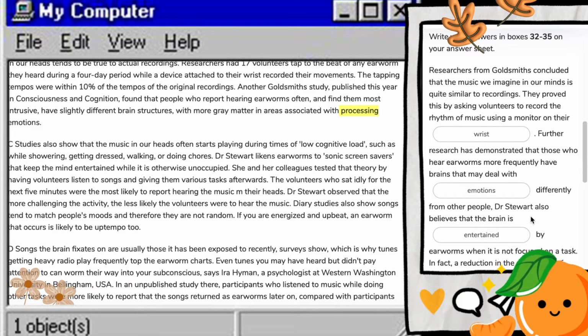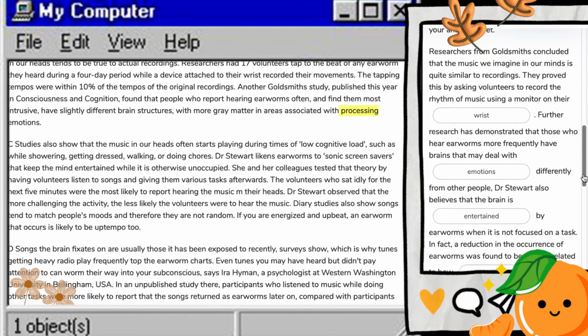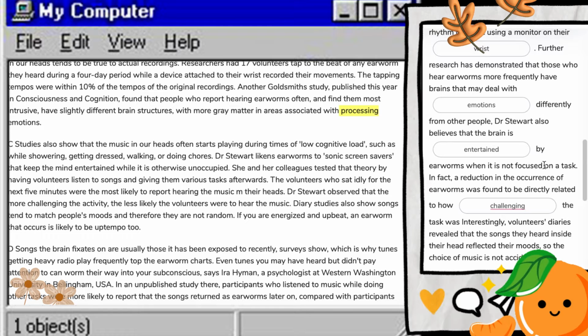Dr. Stewart also believes that the brain is something by earworms when it is not focused on the task. The keyword here is not focused on a task.